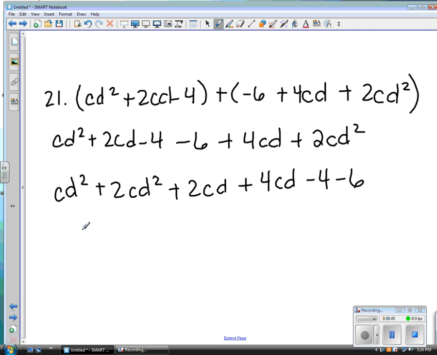I've grouped together. Now I'm going to add. And those are in descending order. I'm going to do this one first because it has a degree of 3, degree of 2, degree of 0.